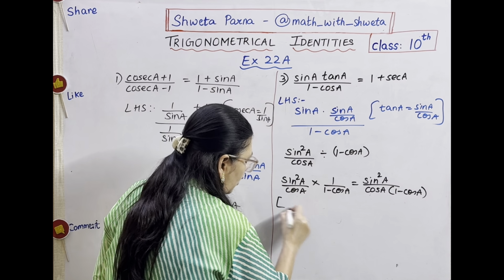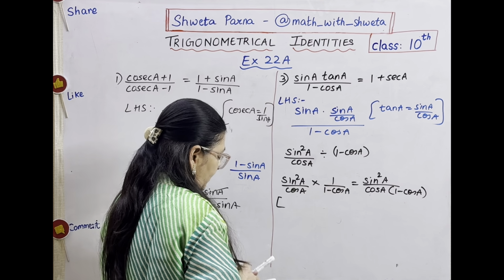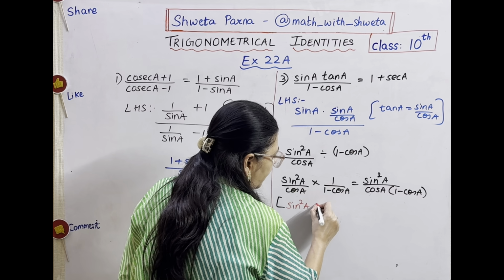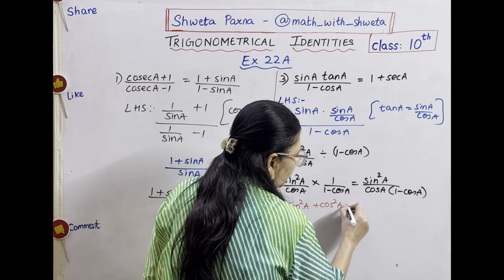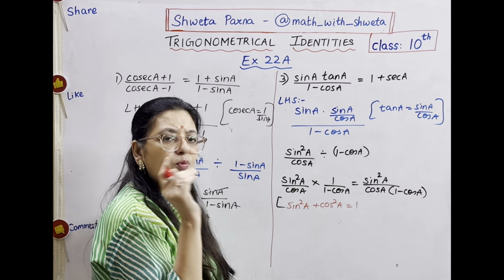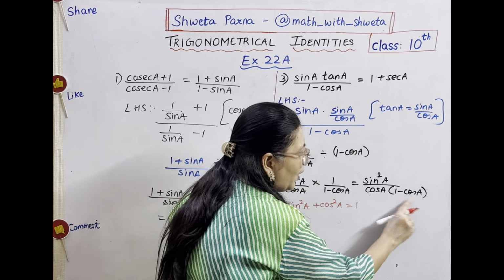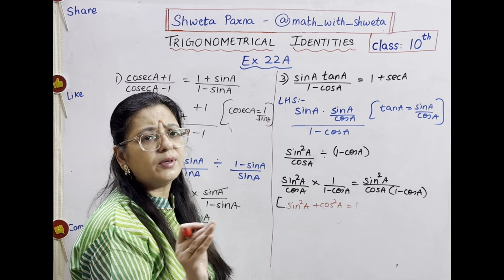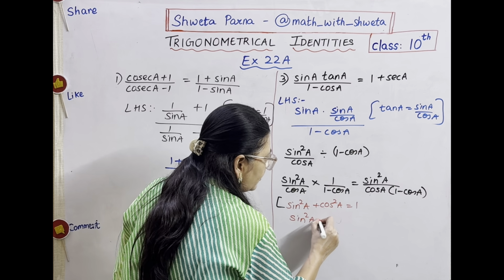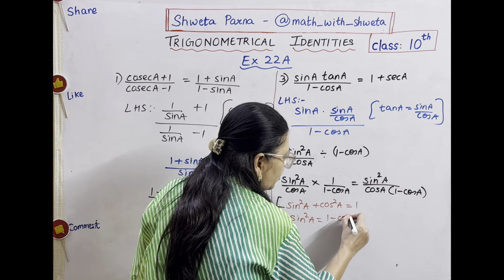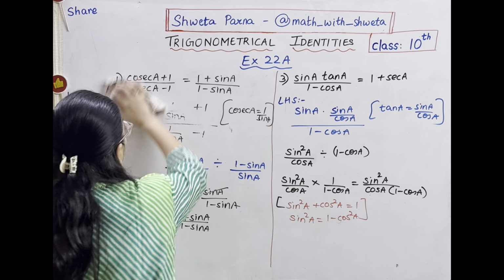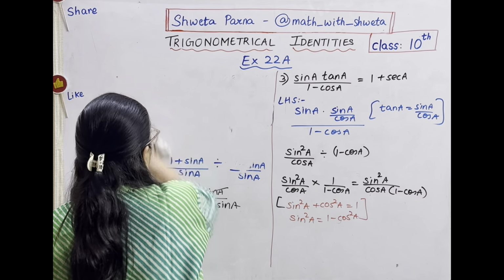The first one was sin square A plus cos square A is equal to 1. Correct? How do I understand which relation I should use? 1 minus cos A, something related to that I should get. So I will do sin square A is equal to 1 minus cos square A. I will use this. Yes? Chalo, let's use this. I'll erase this part.